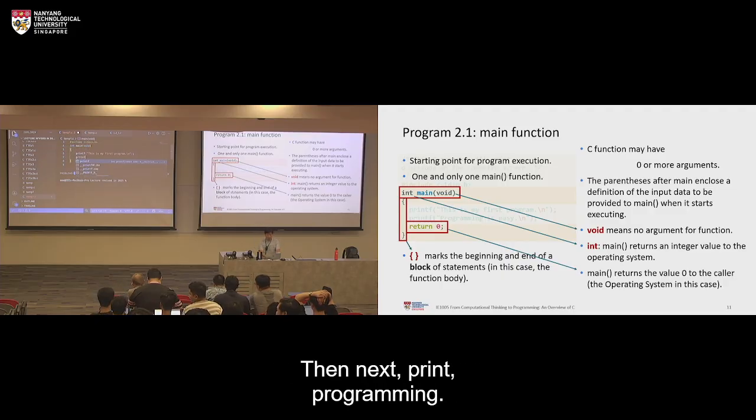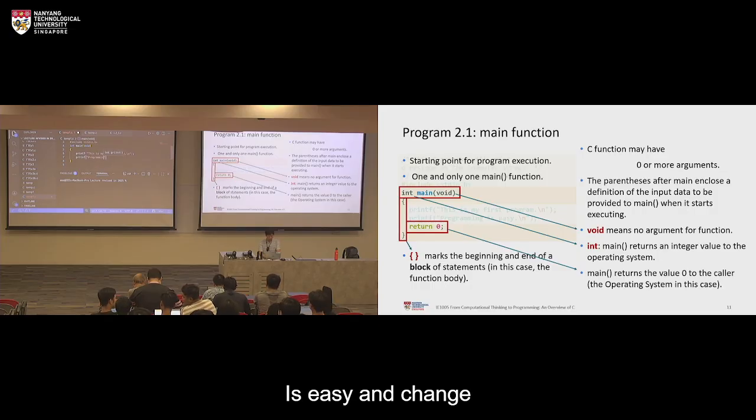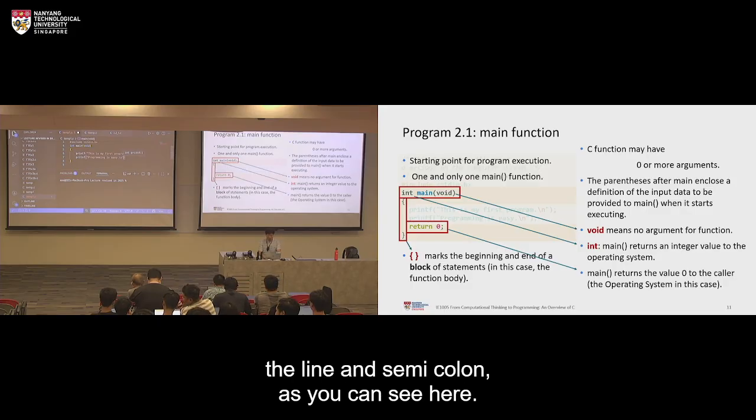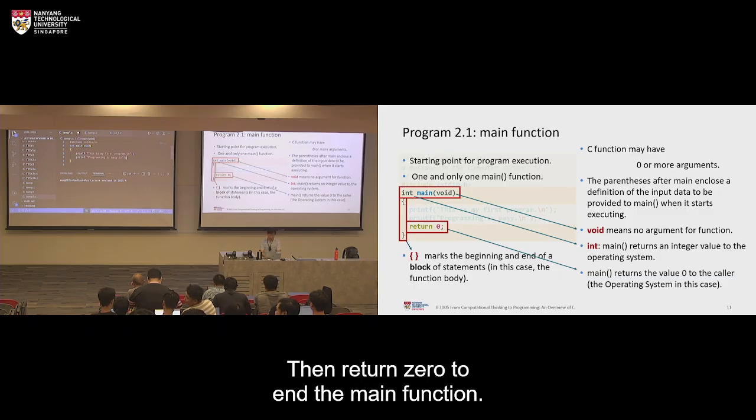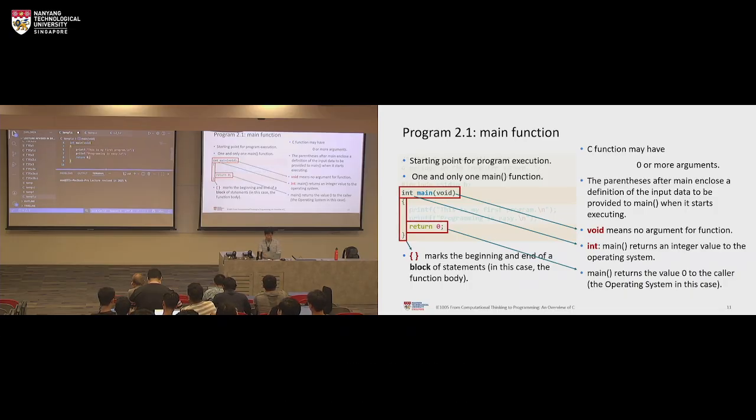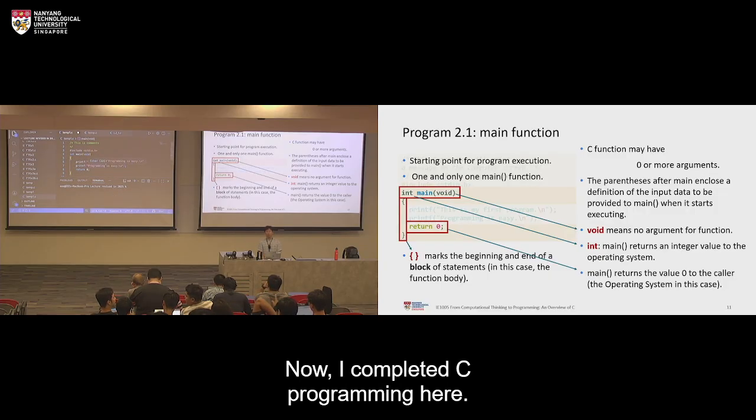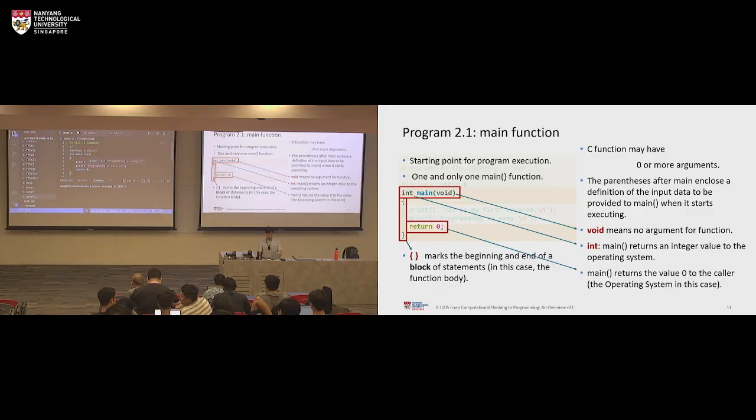And then next, printf "programming is easy," and change the line and semicolon, as you can see here. And then return 0 to end the main function. Okay, now I completed the C program here.